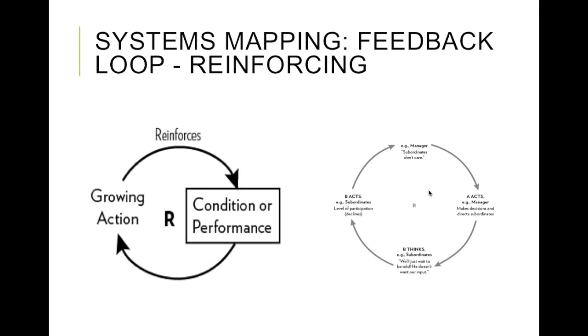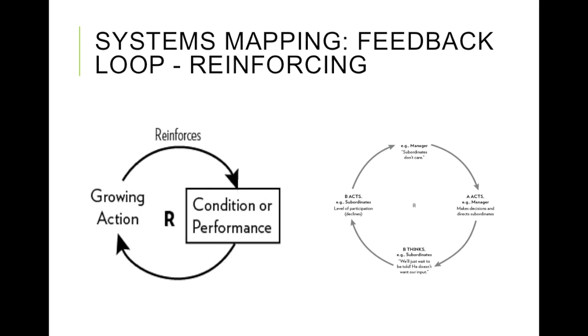On the right side, you can also see a very social element of that reinforcing cycle. You've got here that A acts, which is the manager, and the manager makes decisions and directs the subordinates. And by doing so, the subordinates think that, well, he doesn't want our input anyways.